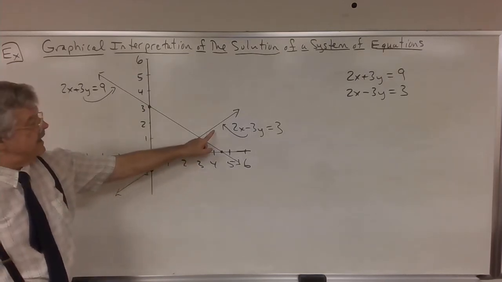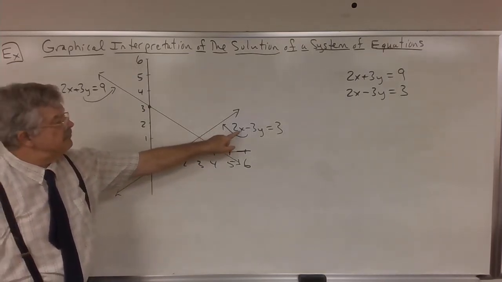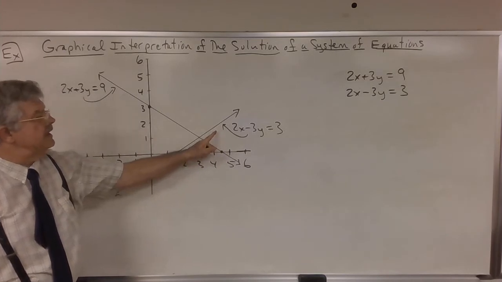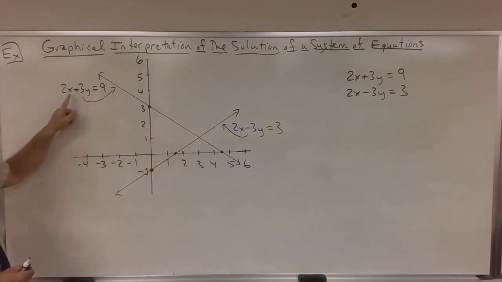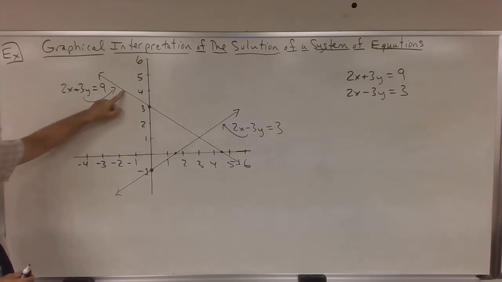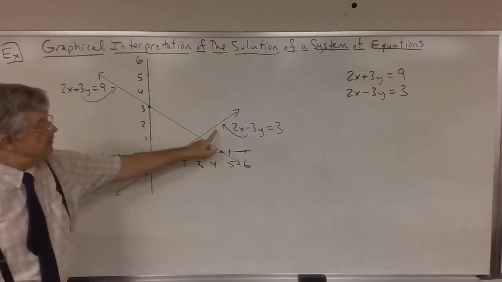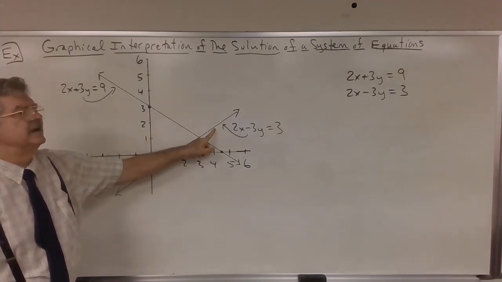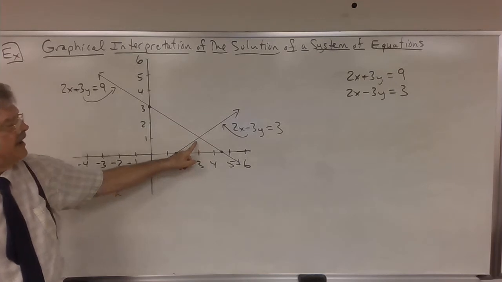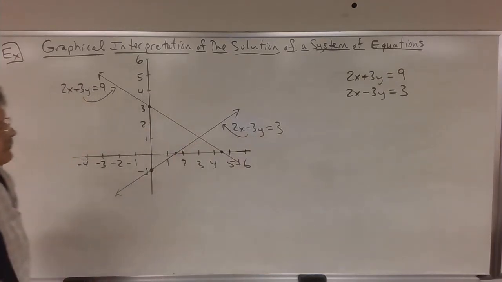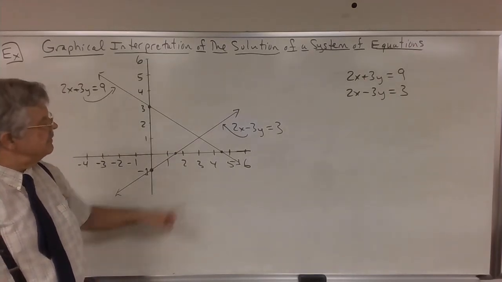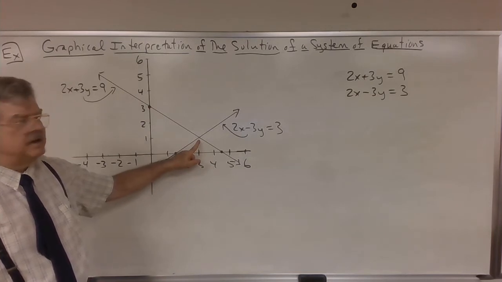And this line is the graph of 2x minus 3y equals 3. And notice that these two lines intersect in exactly one point.